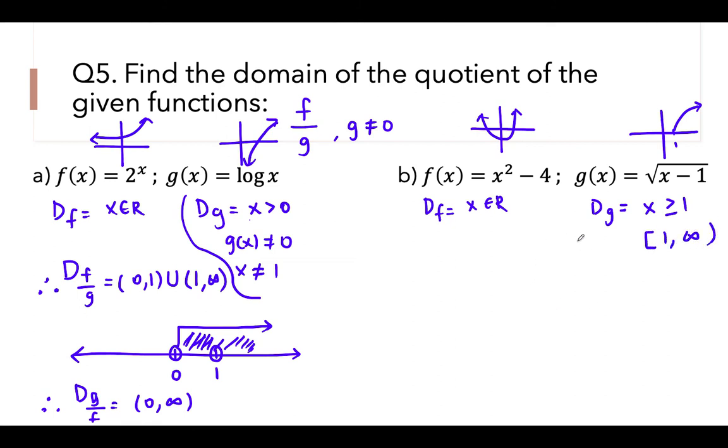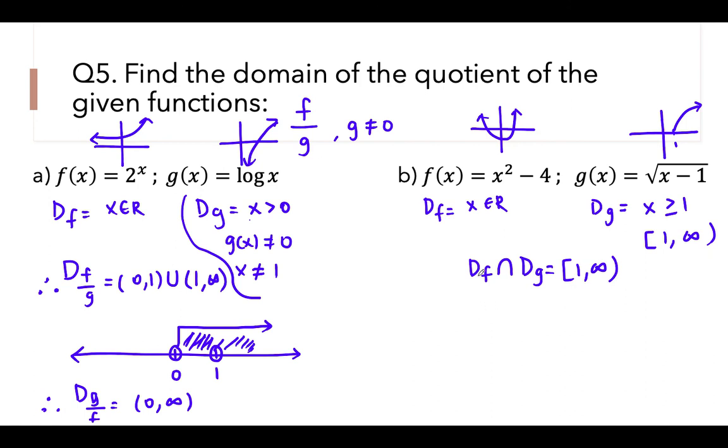So first, we need to figure out where they intersect. So the domain of function f intersect the domain of function g is [1, infinity), right? Because function f can be any real number, so we have to restrict based on function g.